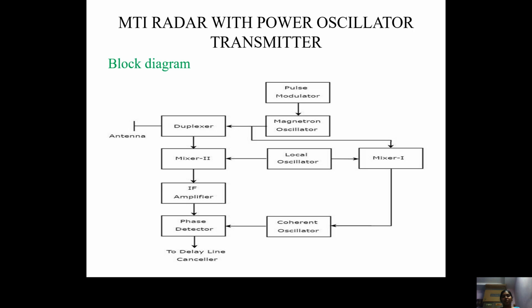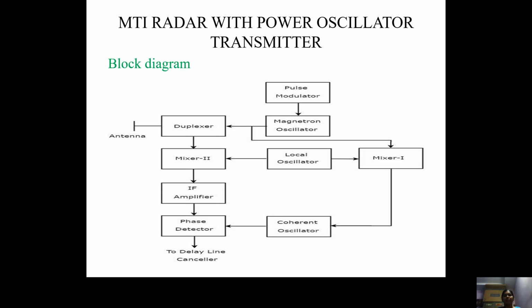So the output of mixer 2 is nothing but FC plus or minus FD. The phase of this signal will be the same as the coherent oscillator signal, and the received echo signal obtained from the IF amplifier will be the same as the locked pulse of the magnetron oscillator and coherent oscillator.